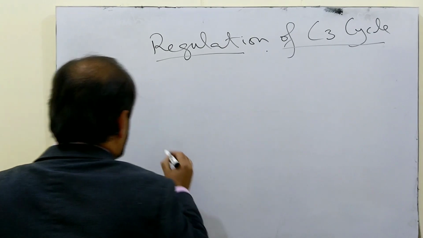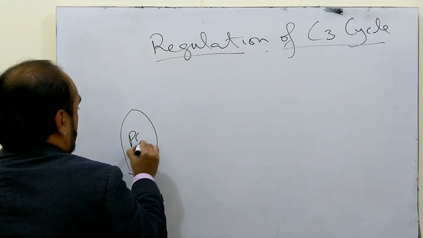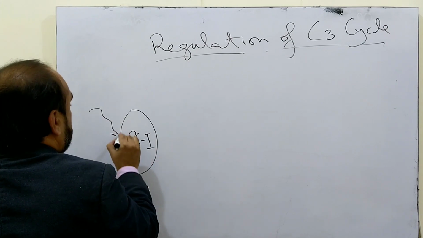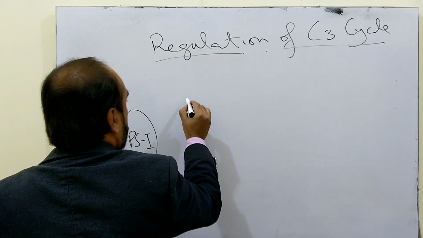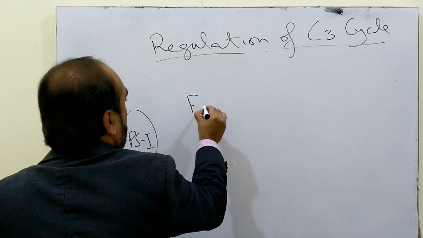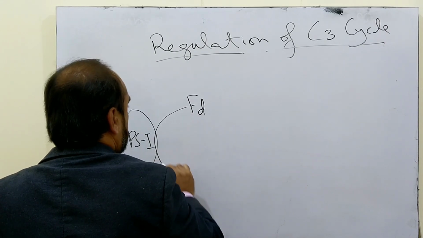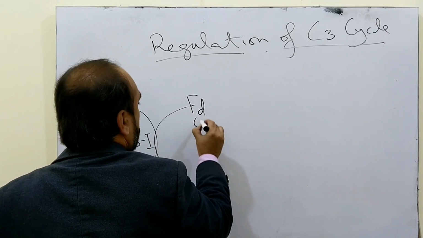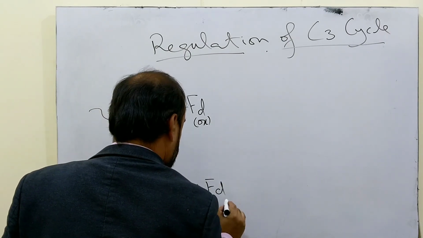There is another way. When photosystem 1 absorbs light energy, it can transfer its electrons to ferredoxin, that is in oxidized state, and it can reduce it.